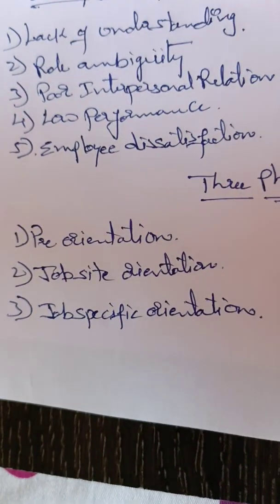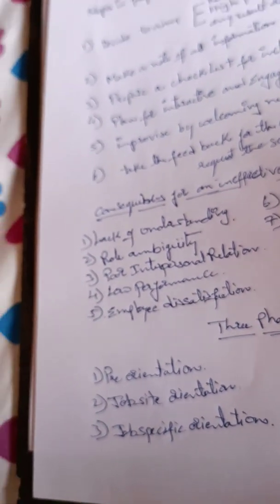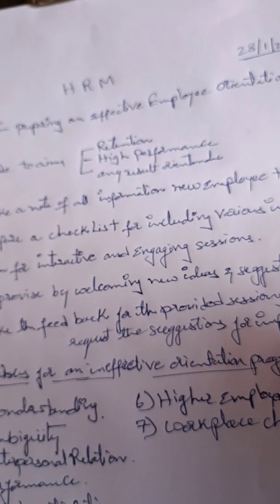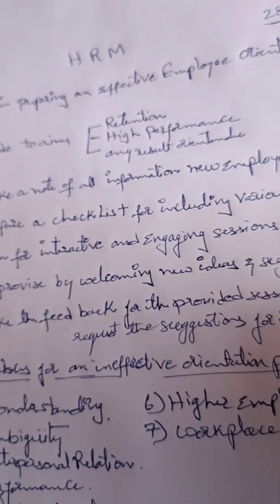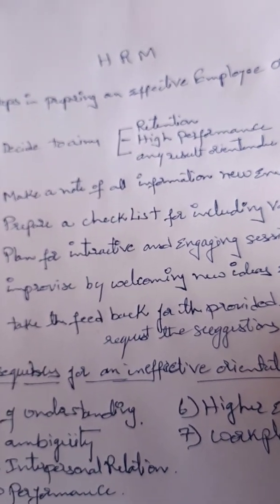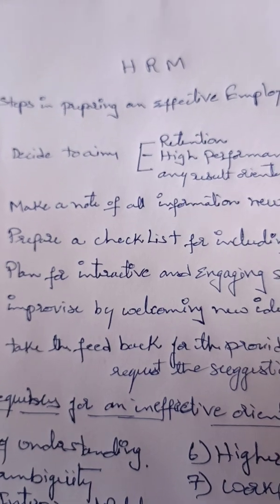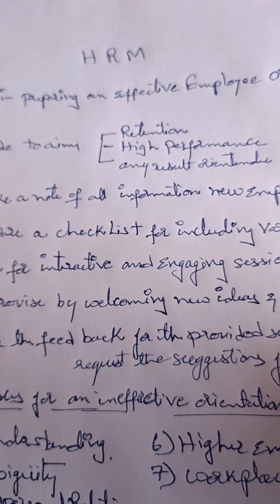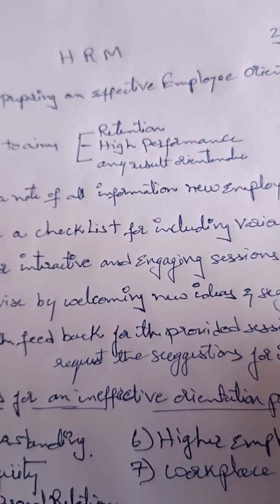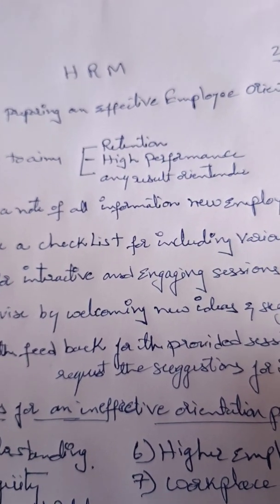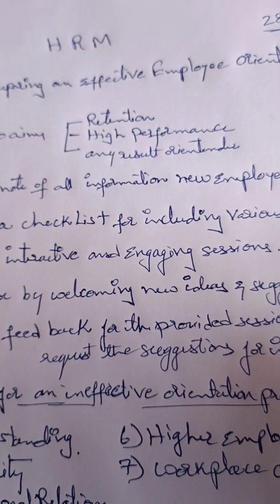So let's recap what are the effective things that we have to follow in planning an effective employee orientation program. First, you have to decide on the aim. Are you aiming at retaining the employees for a longer period, or at high performance, or any result-oriented jobs you are getting the employees to?